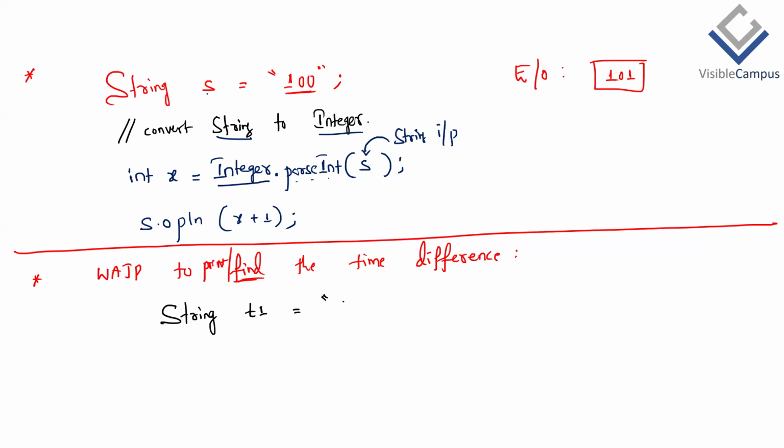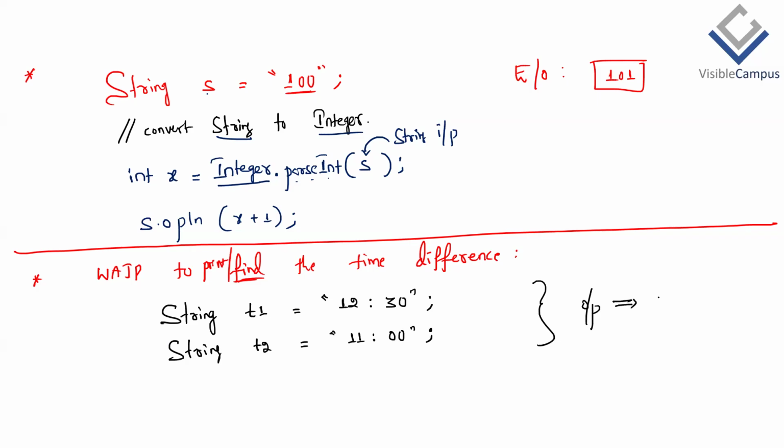Something like String T1 equals 12 hours, 30 minutes. String T2 equals 11 hours, 00 minutes. This is my input. What's the output of this program?